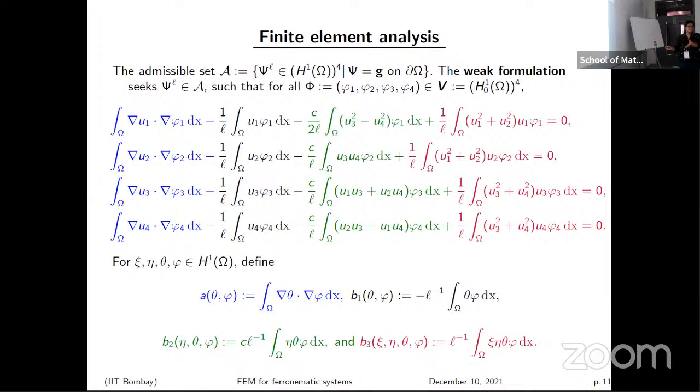The L6 norm is finite, and the L2 norm of phi 1 is finite. So probably you need L6 because your cubic nonlinearity is there. Yeah, in 3 dimensions, 6. In 2 dimensions, this embedding result holds.